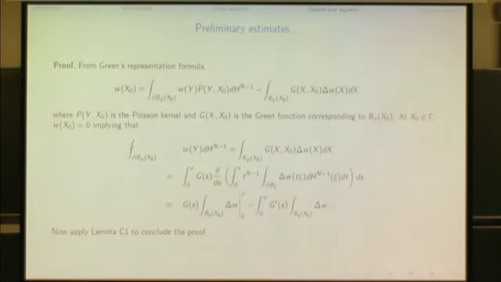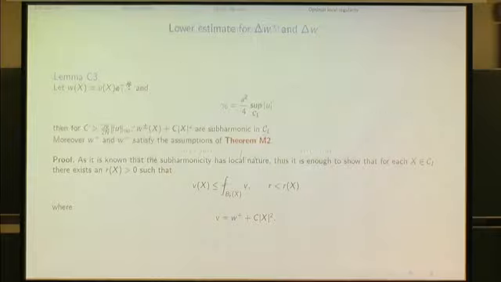You just consider the Green representation of your W, and then at the origin, the point x0 that belongs to your free boundary, you get equality of these two integrals because at that point your W vanishes. And then you just do some very standard elementary computation, use your estimates for the Laplacian of W, and that gives you the coherence estimates for U plus and U minus.